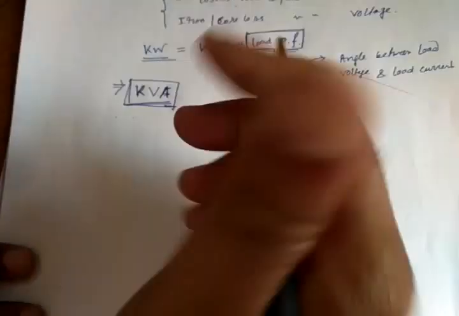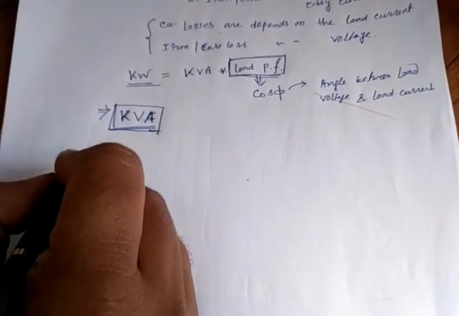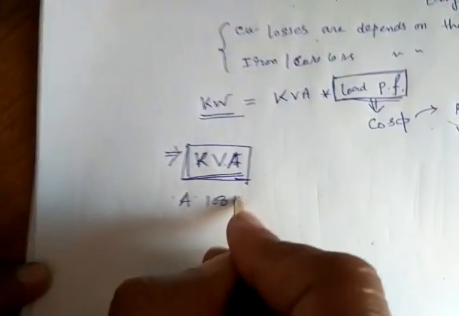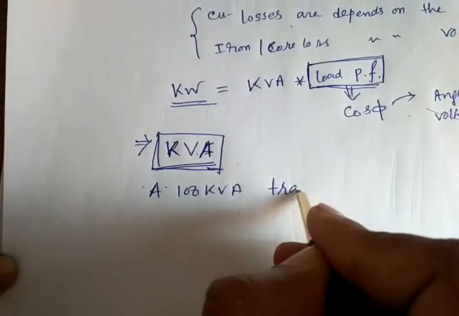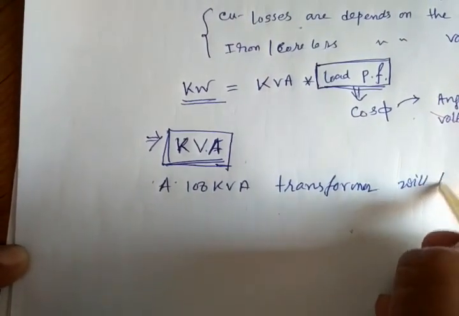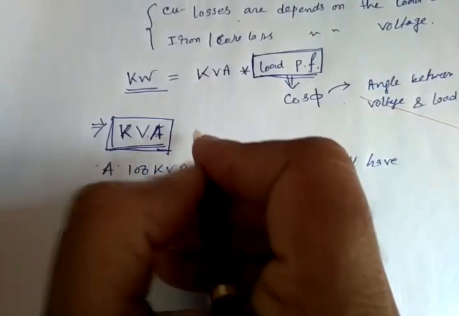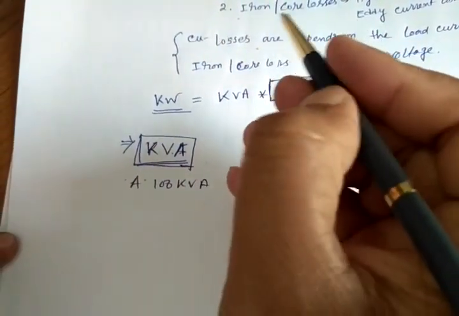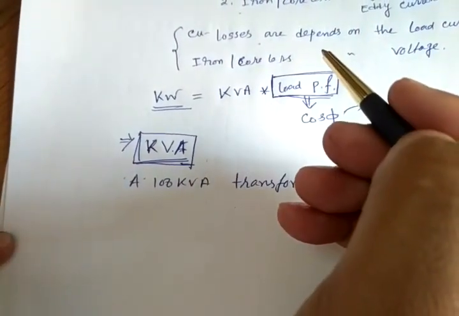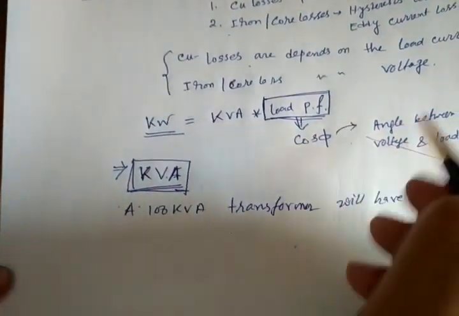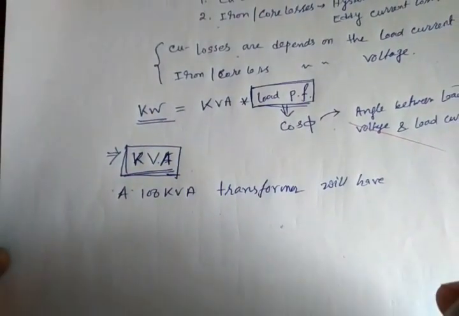For an example, we can say that also the temperature rise in the core due to these losses will be proportional to the apparent power flowing through the winding or through the whole core of the transformer.